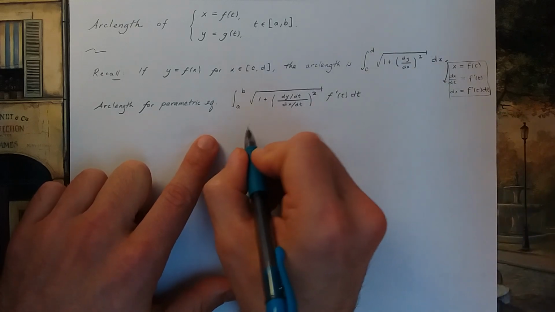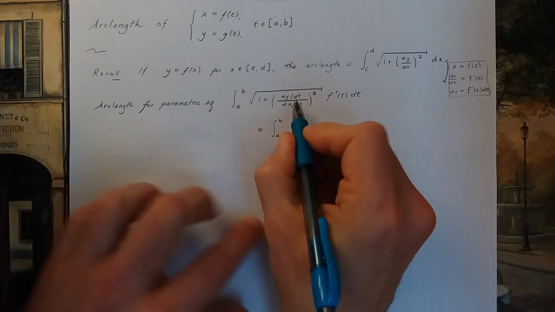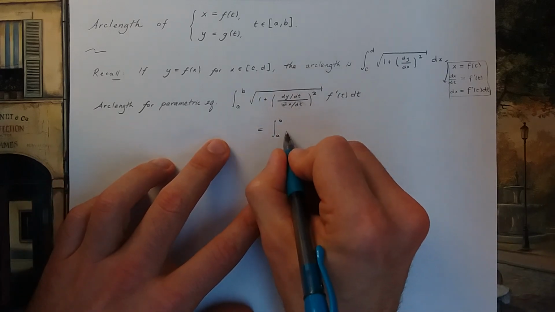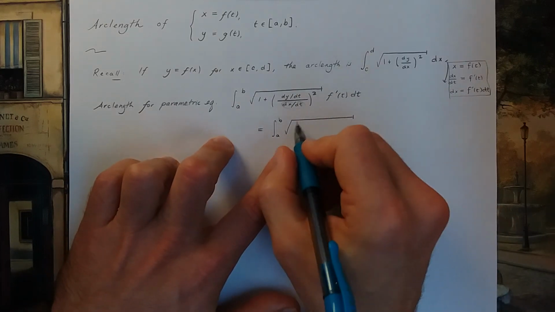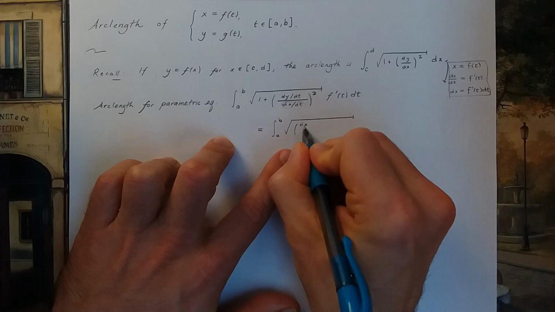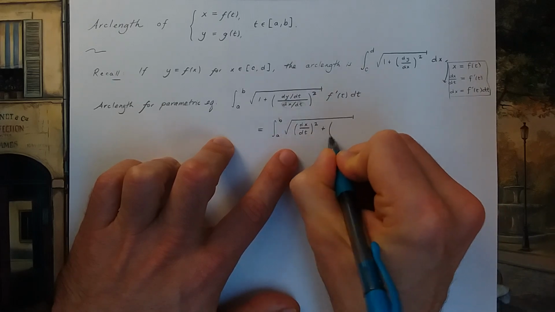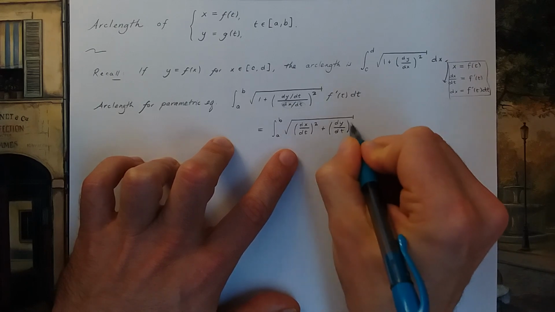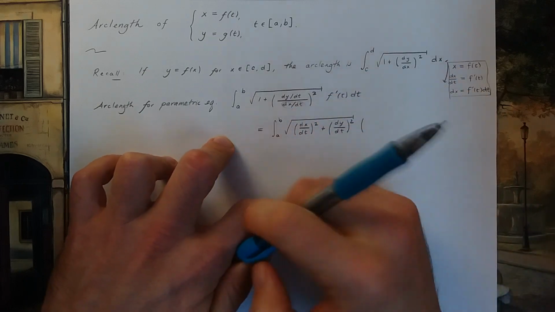So this is really equal to the integral from a to b. And then I'm going to factor out a dx/dt from the square root. So I get (dx/dt) squared plus (dy/dt) squared, and then I'm factoring out a 1 over dx/dt.